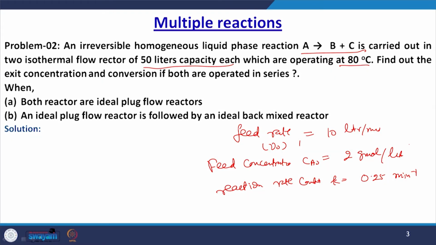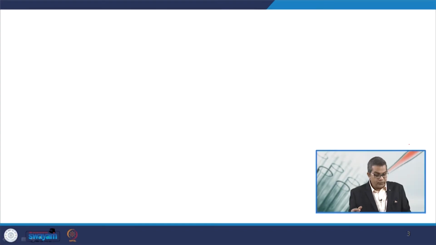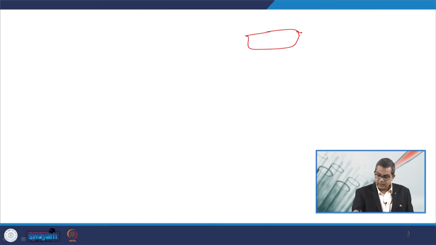So let's see how we can solve if both reactors are ideal plug flow reactors. In that case we can have the reactors like this, 1 and 2.